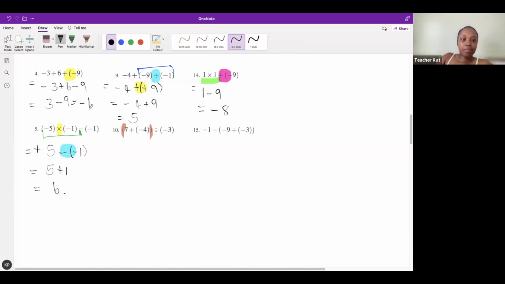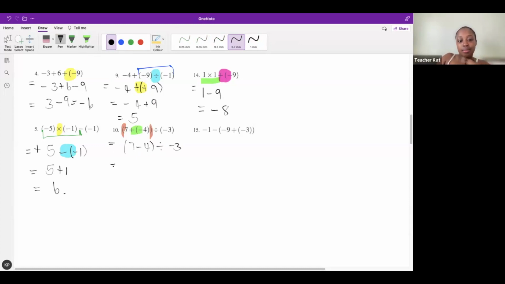Okay, so that means we have to start inside the brackets. All right, now let's do it. We have a positive, negative here. What's that going to give us? I'm going to open my brackets still because we're working inside the brackets. So it's going to be 7, thank you, minus 4, and divided by -3. So what's 7 minus 4?